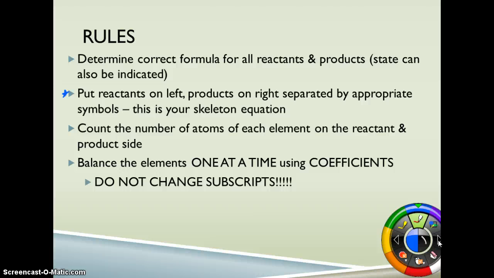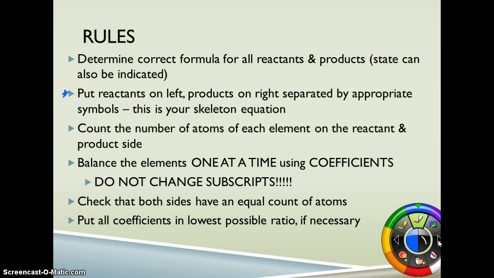You can only put it in front of the compound. You need to check that both sides have an equal count of atoms. And then put all of your coefficients in the lowest possible ratio if necessary. So basically reduce. Look at each of your coefficients, and if you can, reduce.